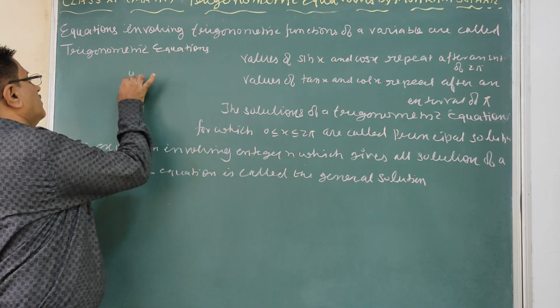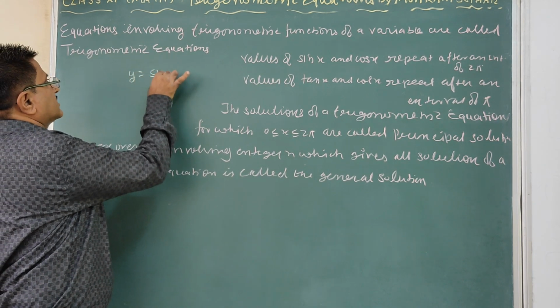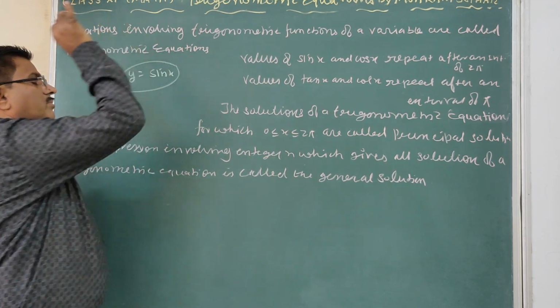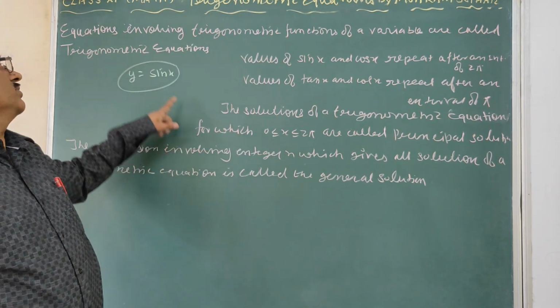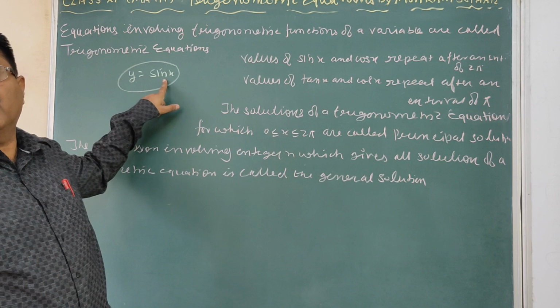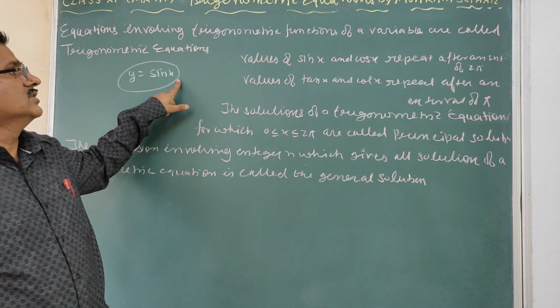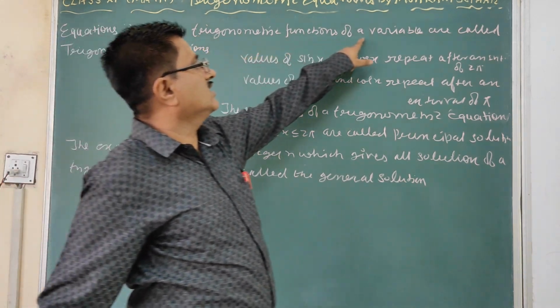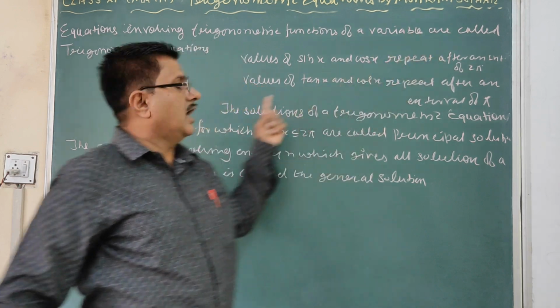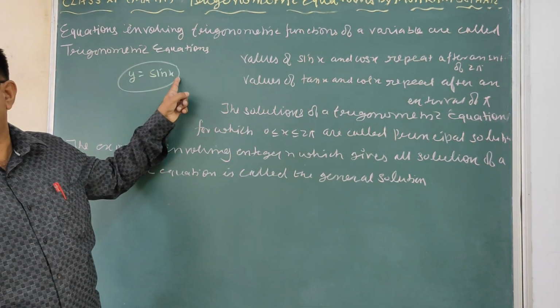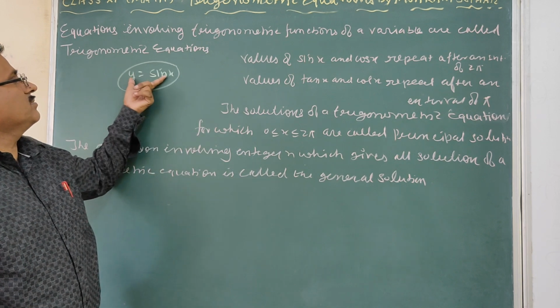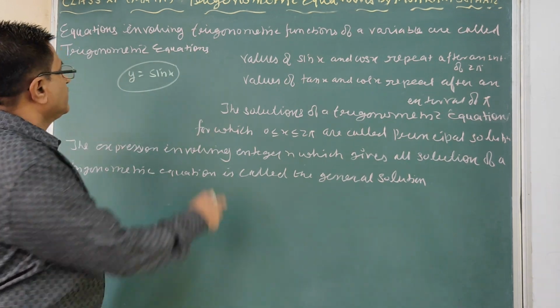Suppose I write here y is equal to sin x. So this is a trigonometric equation. Why is this a trigonometric equation? Because here we have a trigonometric function of the variable x. We have the trigonometric function sine of the variable x. Such types of equations are known as trigonometric equations.